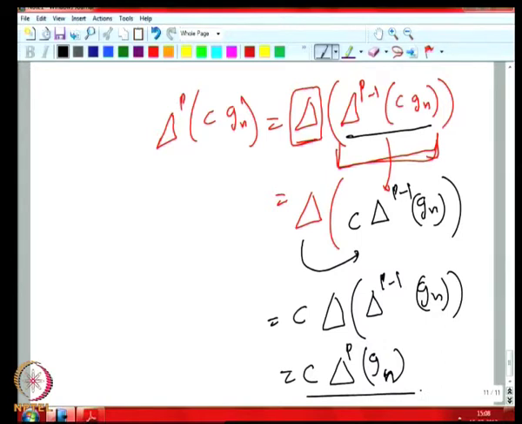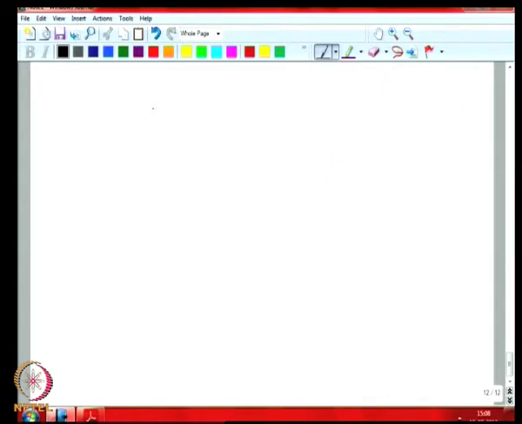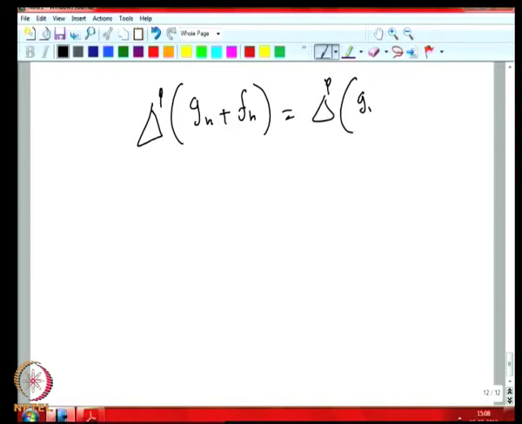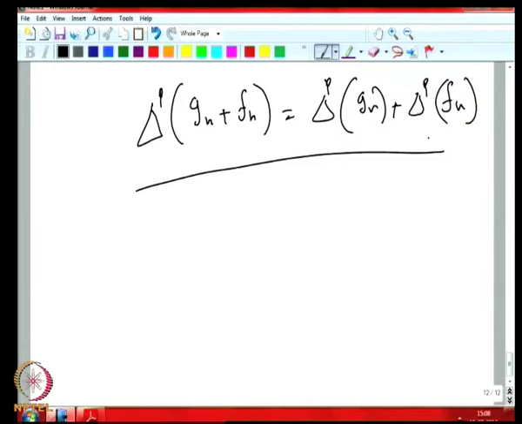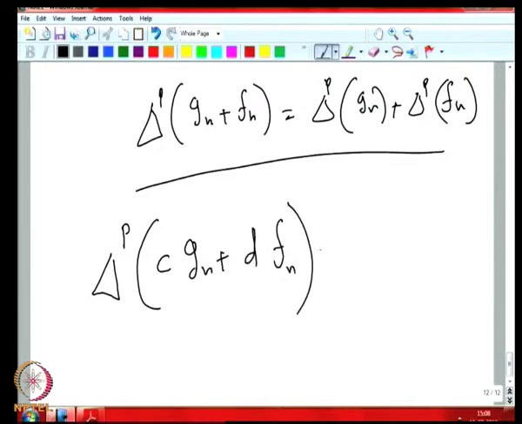Similarly, we could have proved delta p of Gn plus Fn is equal to delta p of Gn plus delta p of Fn. This also follows by induction, the same kind of argument. Now, from both of these, what we can infer is delta p of C times Gn plus D times Fn, where D and C are some constants.